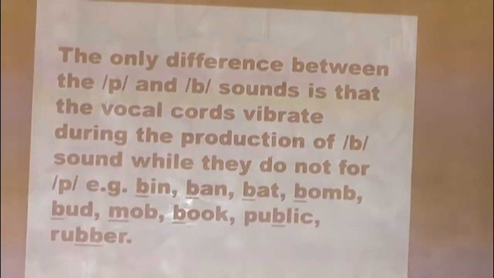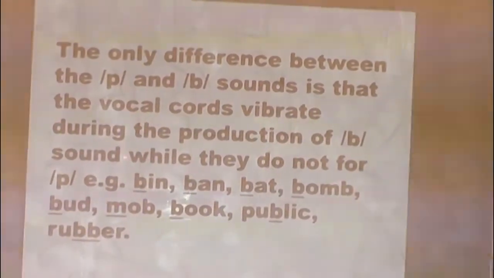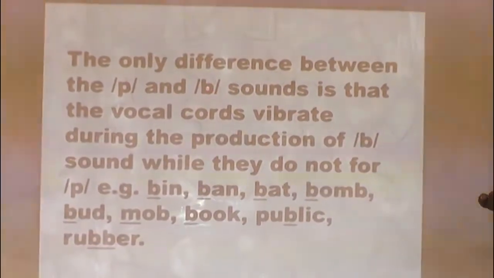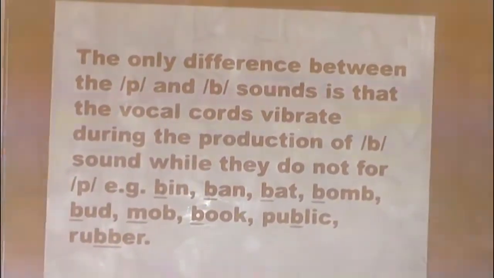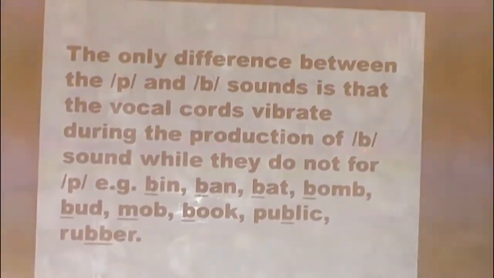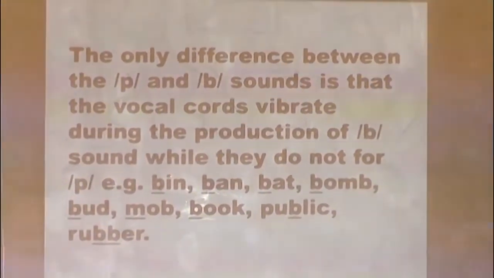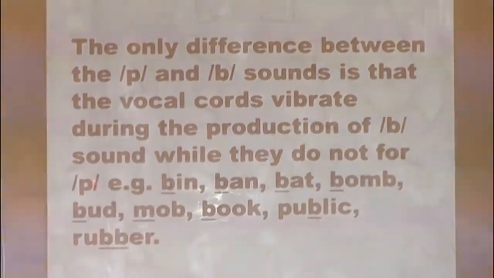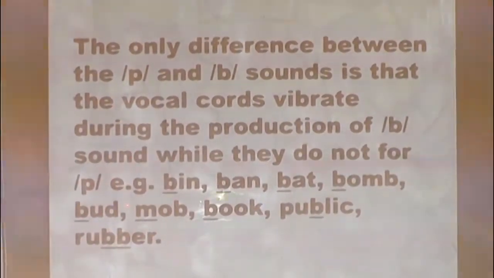And the only difference between these two sounds, pa sound and ba sound, is that the vocal cords vibrate during the production of ba sound, while they do not vibrate when you are pronouncing the pa sound. Look at the examples.